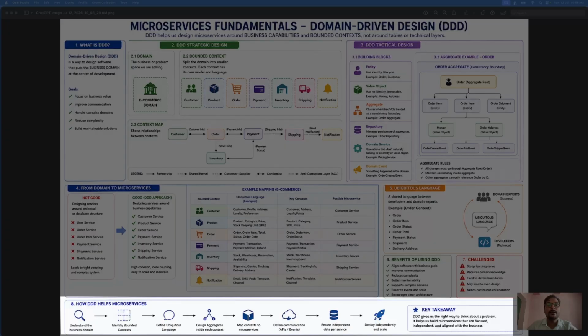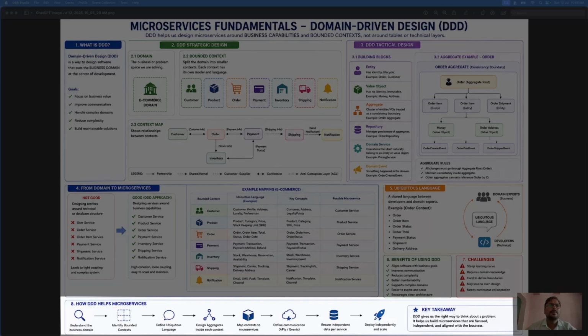How does it help to design a microservice? Let's see the complete flow diagram. First, understand the business domain. Next, identify the bounded context. Then, define the common ubiquitous language. Design the aggregates and business rules within each context.